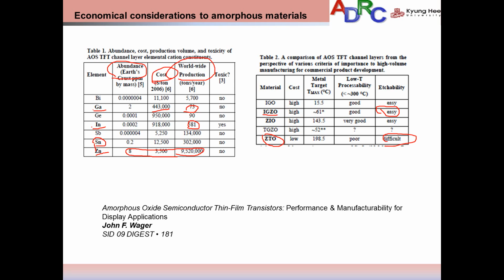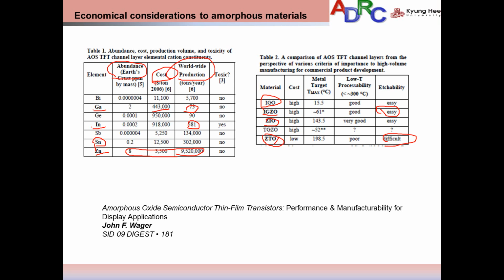So making any thin film transistor using zinc tin oxide, by sputtering especially, is quite difficult. But for IGZO or related materials such as IGO or indium zinc oxide, this is very easy.